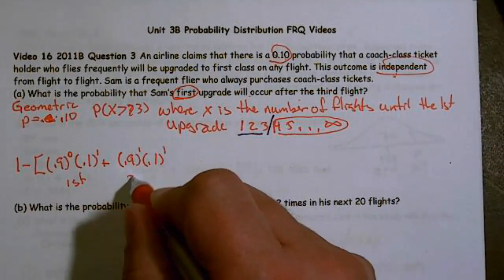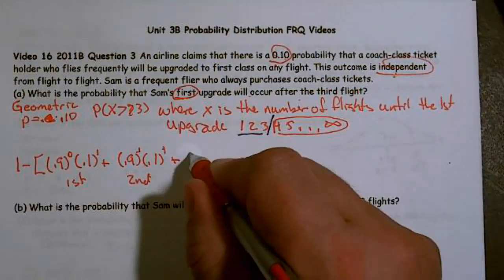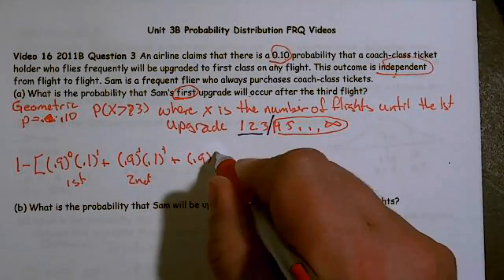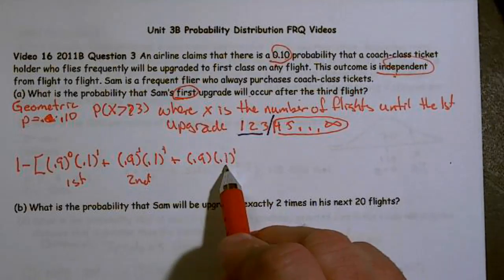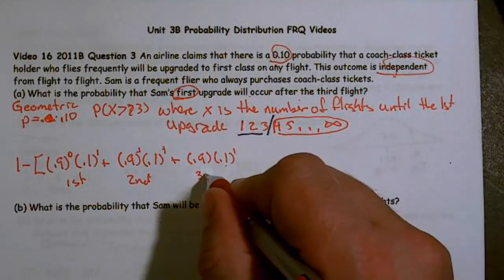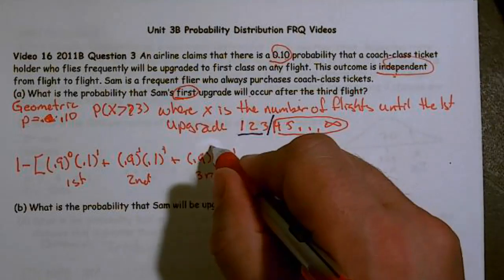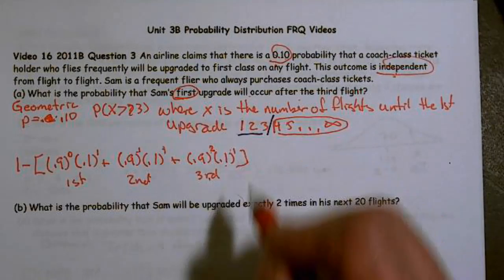That's my second term, plus 0.9 squared times 0.1. By the way, the success is always 0.1, and it's always going to have that exponent. This is my third term, so the exponent has to be 2 because 2 plus 1 is 3. So there is my work shown.